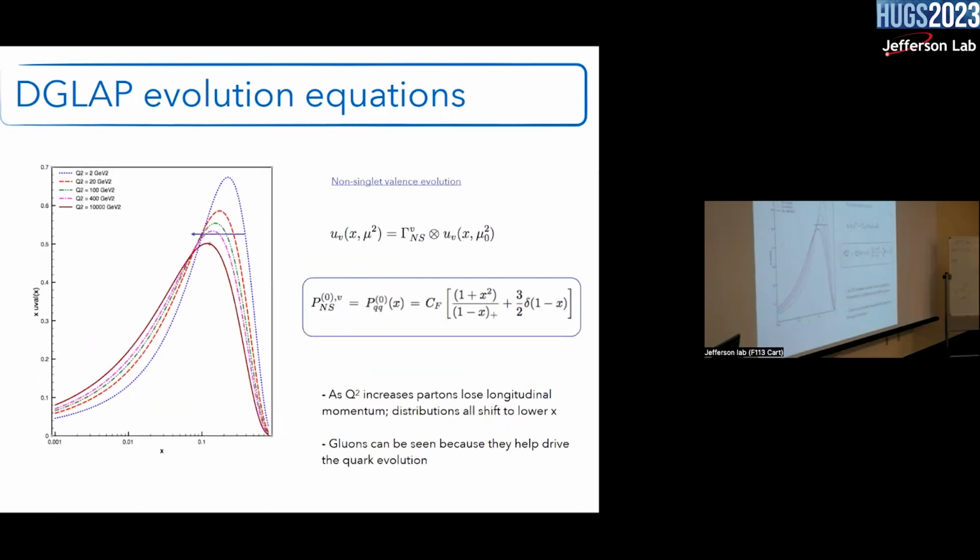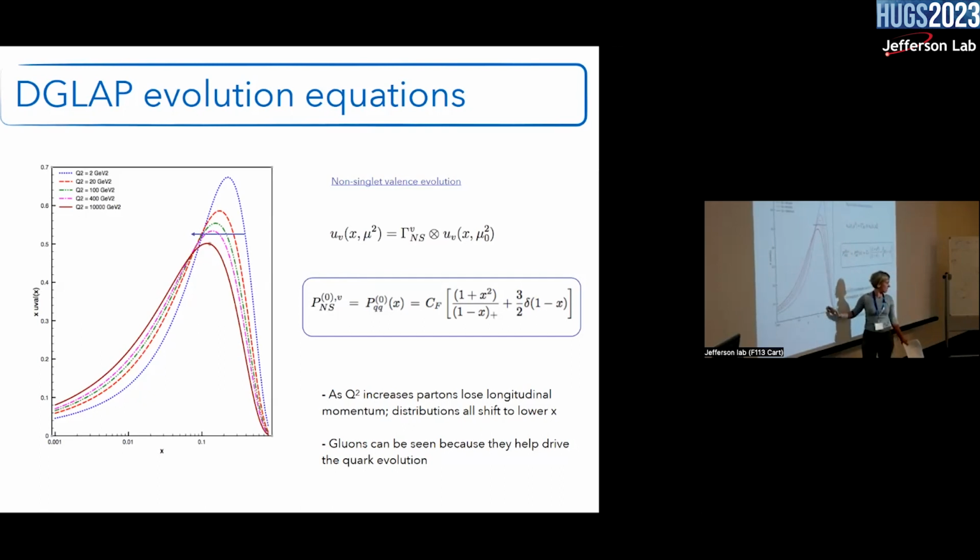While instead for the valence, so this is u minus u bar, okay? So it is how much up quark minus the anti-quark, which we know has to be equal to 2, since in nuclear physics we have 2 up quarks in the proton. So this should be peaked around 2/3, and you see that at a small energy, this is peaked around 2/3.